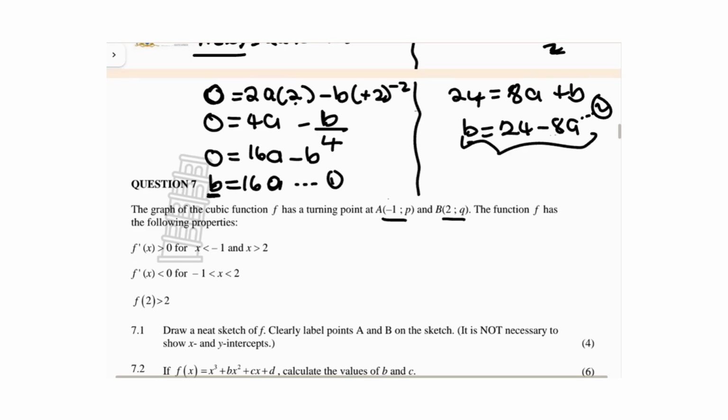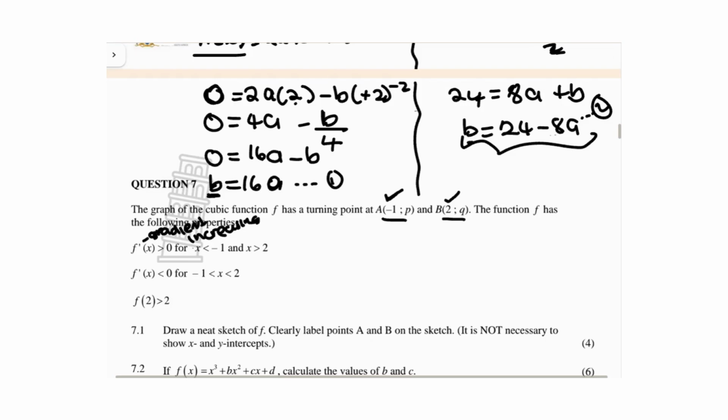Meaning when x is less than the -1 turning point and when it's greater than the 2 turning point, the graph is increasing. So f prime x means the gradient. If the gradient is greater than 0, it's increasing. So the gradient is positive when x is less than -1 or when x is greater than 2.